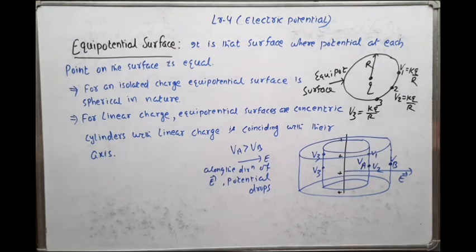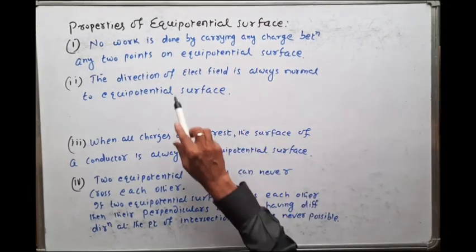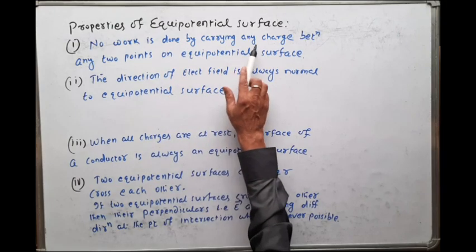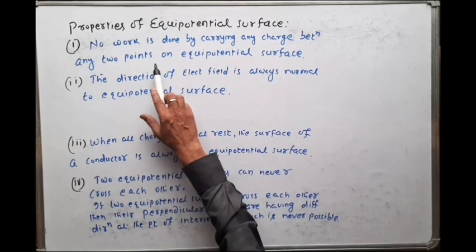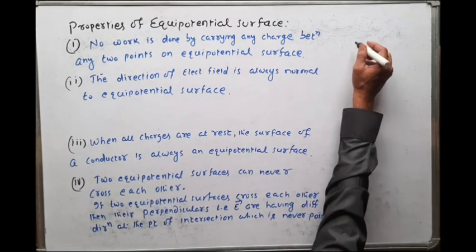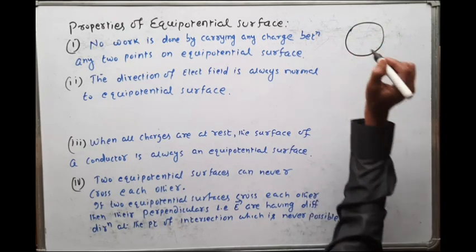Next we will start properties of equipotential surface. First property: no work is done by carrying any charge between any 2 points on an equipotential surface. Let us just take an example. Suppose this is a sphere.